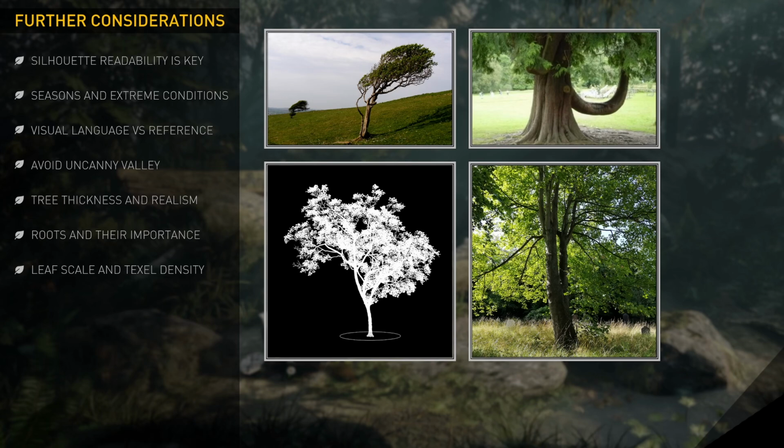Then another topic I want to briefly mention is to avoid the uncanny valley. So when you're working on foliage, you want to make sure that while it's detailed and highly specific, it's also generic enough to get a decent reusability out of your assets. I found that the picture on the top right here is apparently called an elephant tree or something like that.